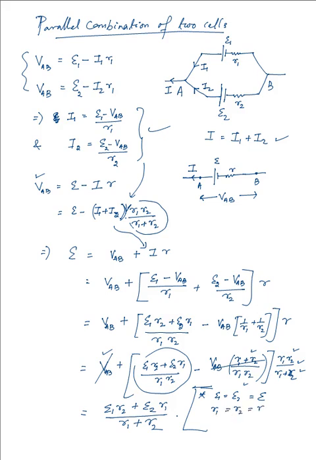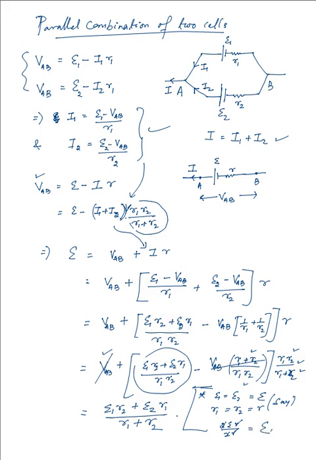So we are assuming this. If we have that, then the top one becomes 2ER, and then we have 2R in the bottom, 2ER over 2R. So the R gets cancelled out, the 2s get cancelled out, we have only E.